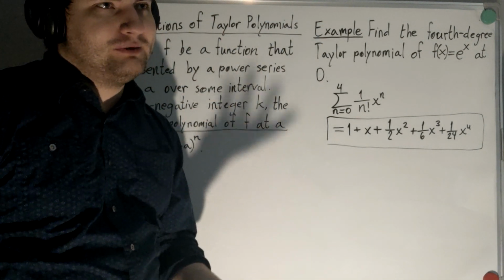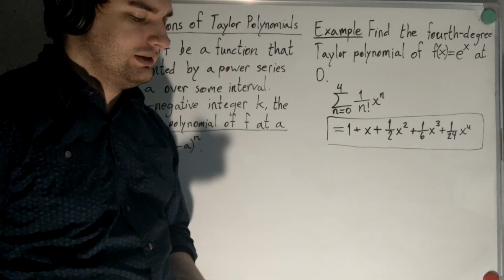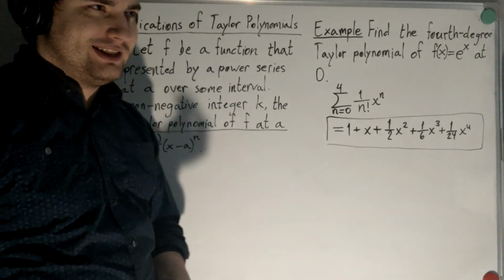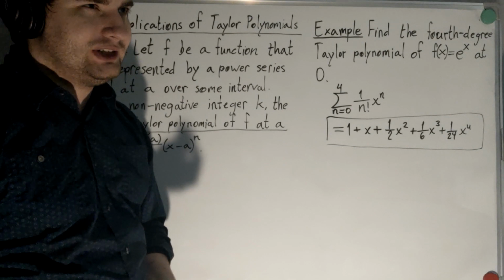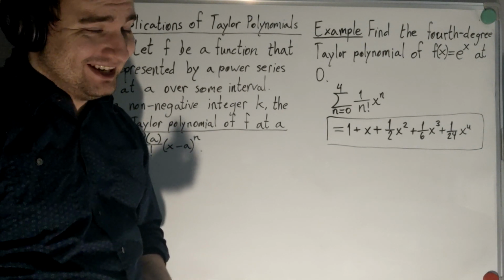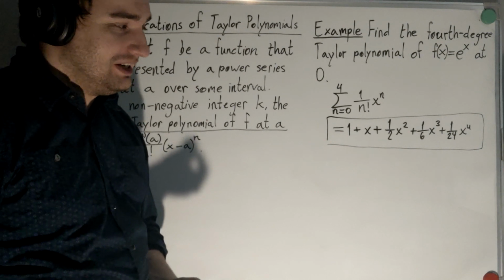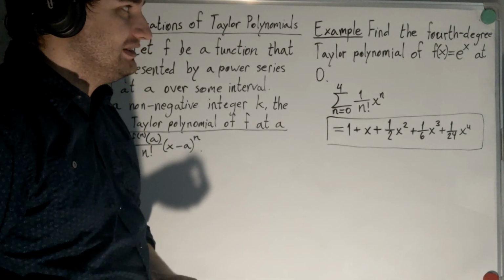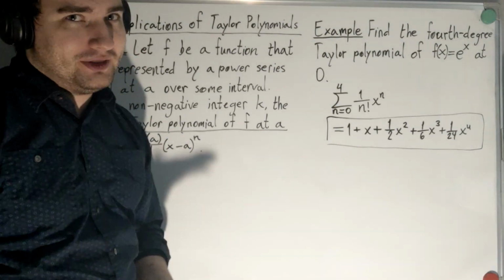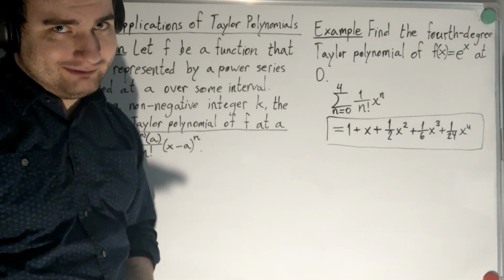So, I said when we were talking about the theorem on approximating the sum of an alternating series that an approximation is useless unless you know how accurate it is. And I stand by that. Indeed, if you're trying to approximate a function by a Taylor polynomial, you better know how accurate it is, or else you're not going to know whether it's actually suitable for your purposes or not.